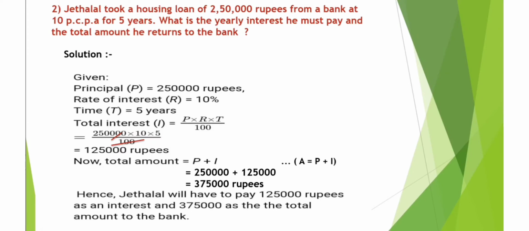When we add both the values, we get 3,75,000 rupees. Hence, Jethalal will pay 1,25,000 rupees as an interest and 3,75,000 as the total amount to the bank.